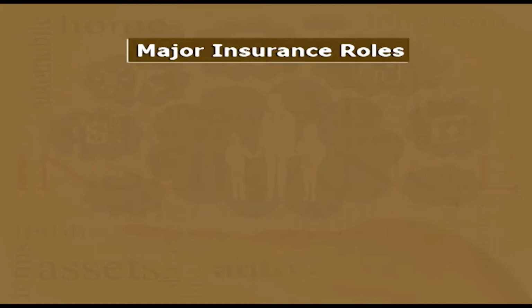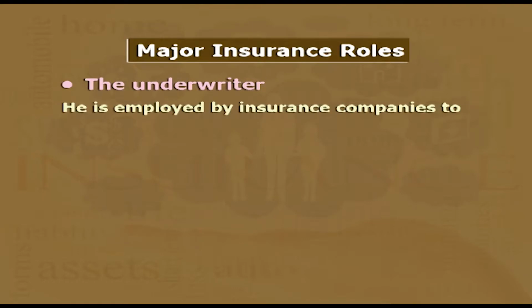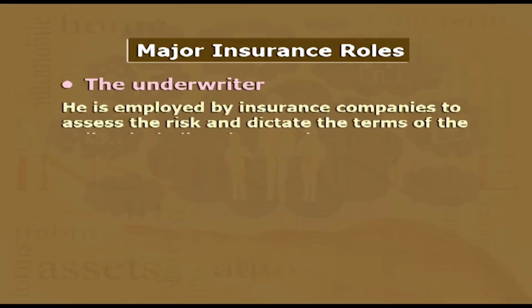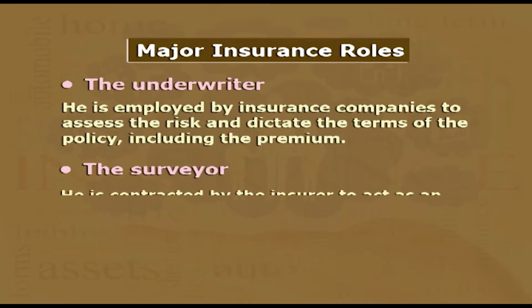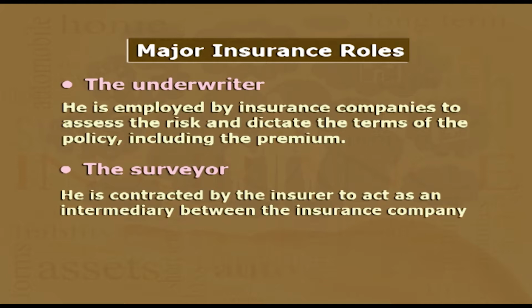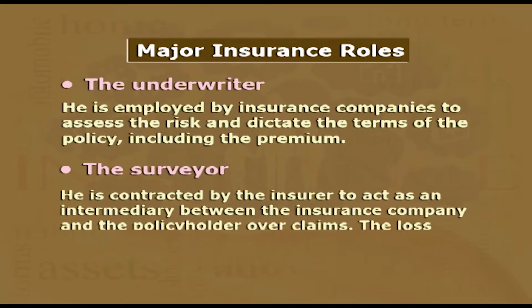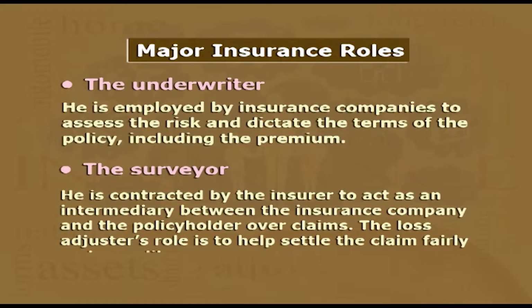Friends, let's understand the major insurance roles. The underwriter. He is employed by insurance companies to assess the risk and dictate the terms of the policy, including the premium. The surveyor. He is contracted by the insurer to act as an intermediary between the insurance company and the policyholder over claims.